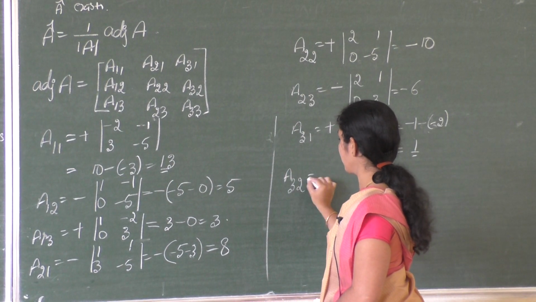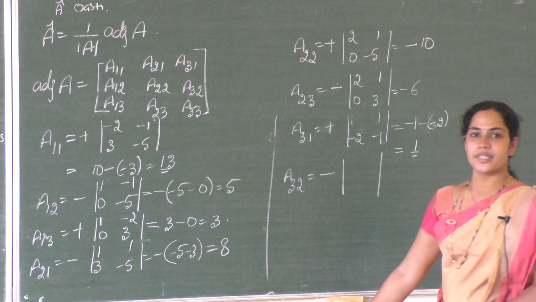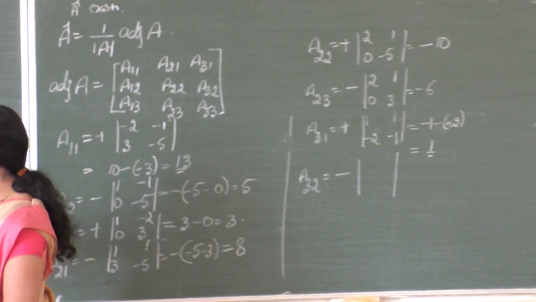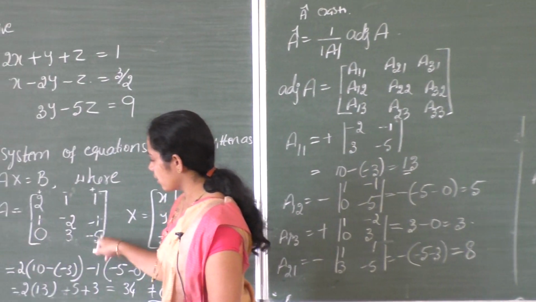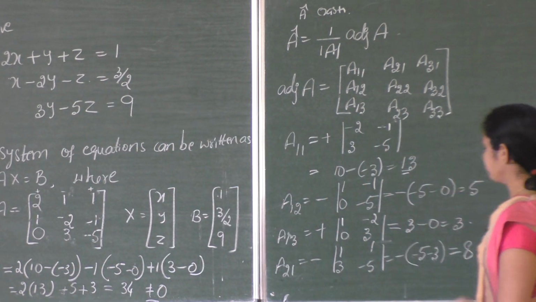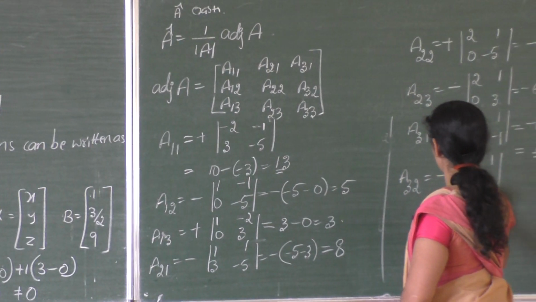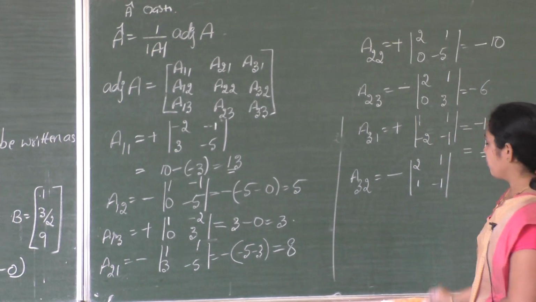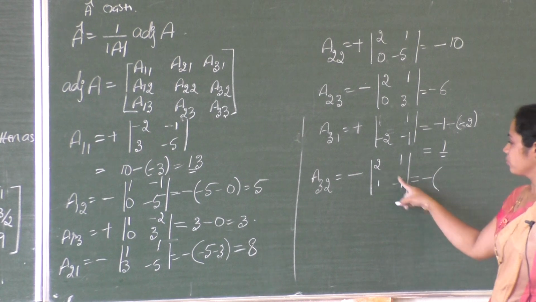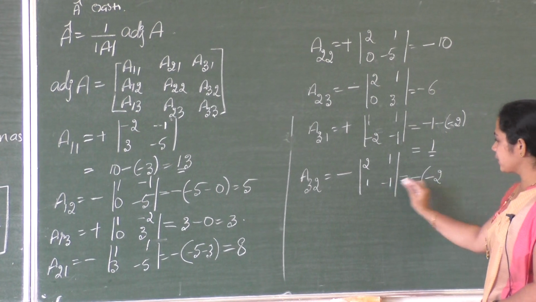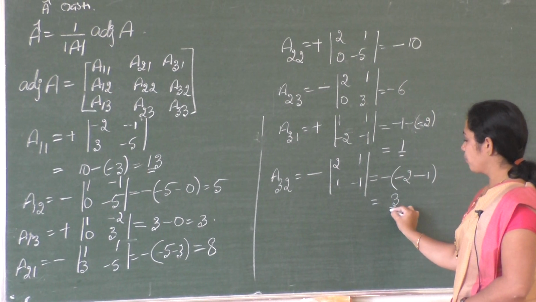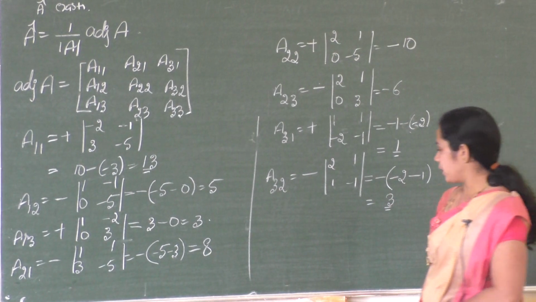Next A32. A32 is negative. Here third row, second column, 2, 1, 1, minus 1. This is equal to minus of minus 2 minus 1, minus 3, minus into minus becomes plus 3.